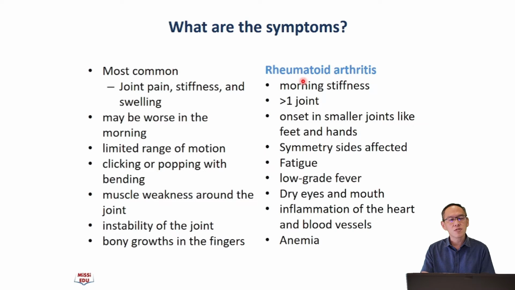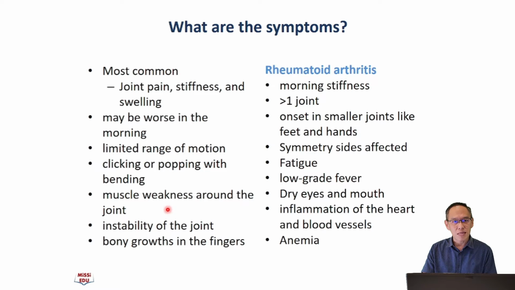Now, what are the common symptoms of arthritis? The most common ones, of course, are joint pain, stiffness, or swelling. It may be worse in the morning, and because of the pain and the swelling, the range of movement of the joints is limited. Sometimes when you bend the joint, you can hear clicking sounds. The muscle around the area can be very weak because of the joint pain.